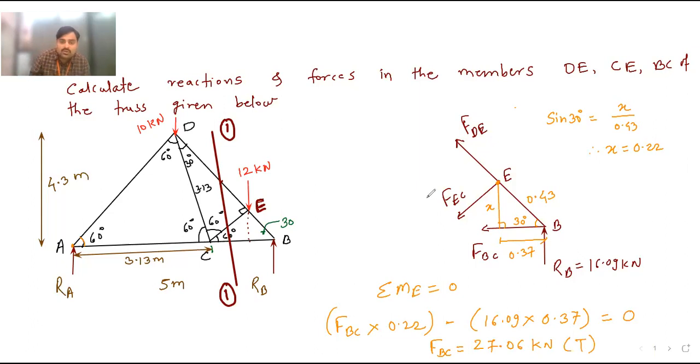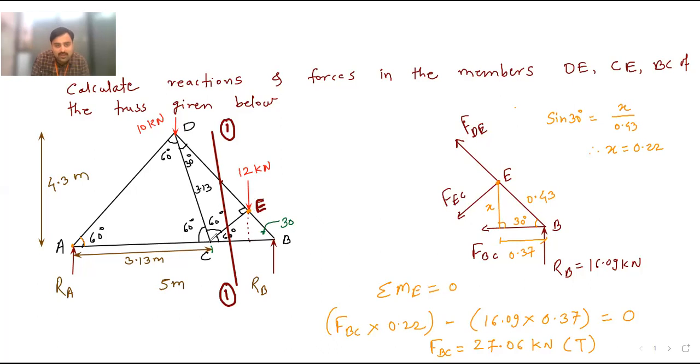Now we want to find out the force in member DE and member EC. So we can apply summation Fx equal to 0, summation Fy equal to 0 to get these forces. Or otherwise, we have taken the moment at point E and got the value of FBC.